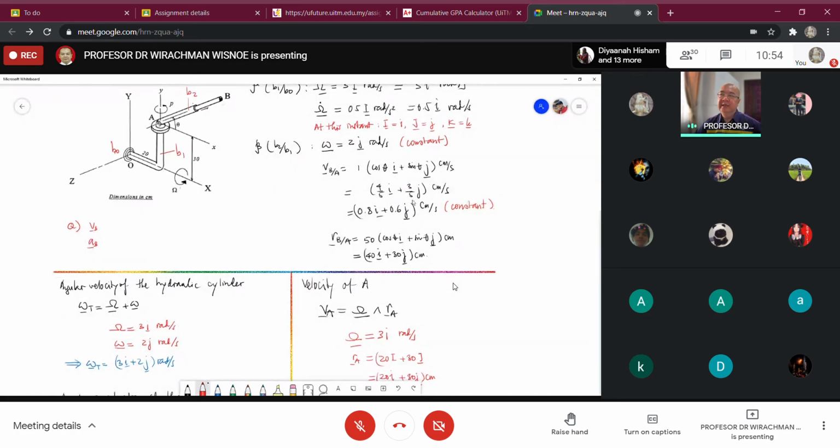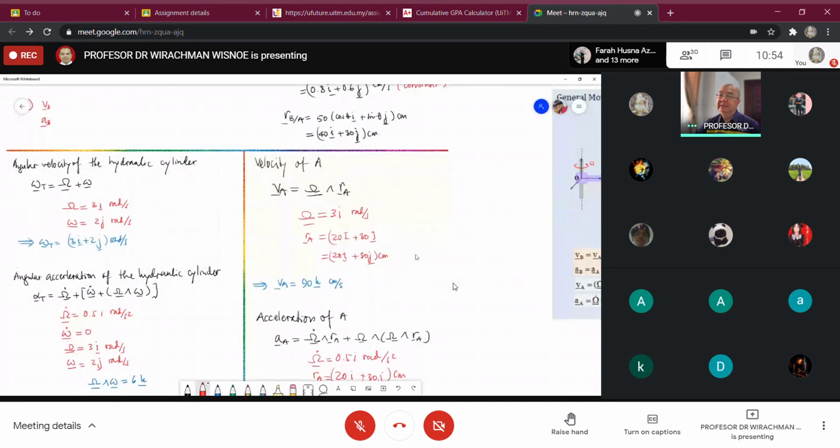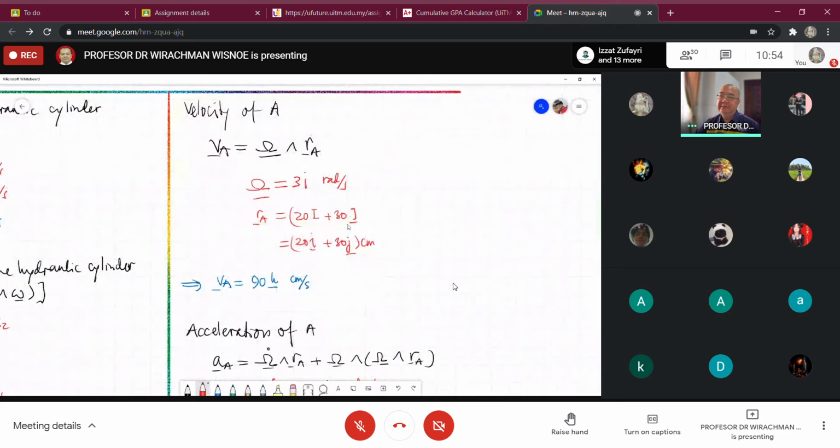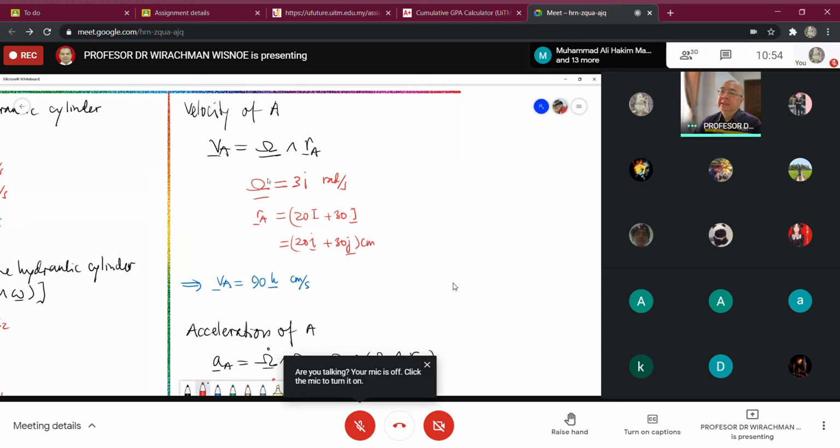But since we have this statement, capital can be replaced with small. I write it in capital first, and then convert to the small reference. So by doing the vector product between omega and RA, you have this. That is VA.